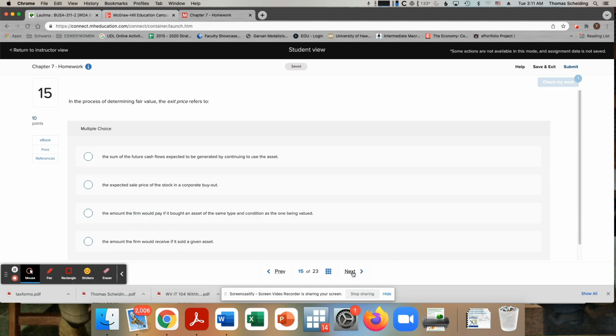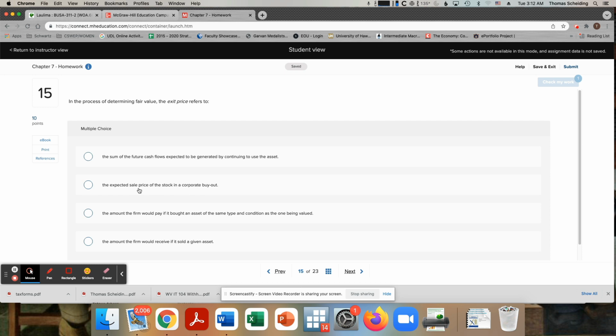So what is the exit price, right? We just looked at that in the previous question. As the term exit implies, it'd be what would happen if we sold it. Now, how does that selling occur?